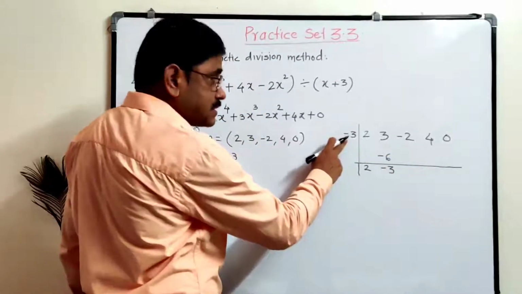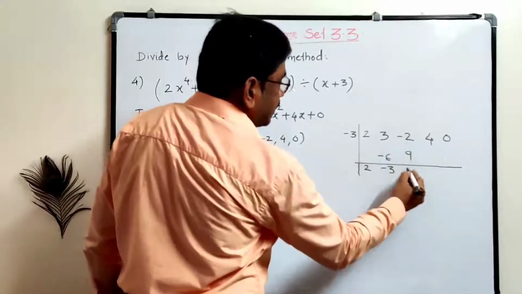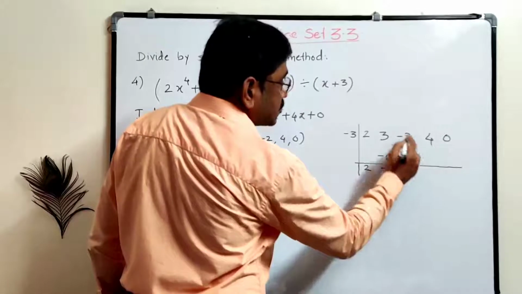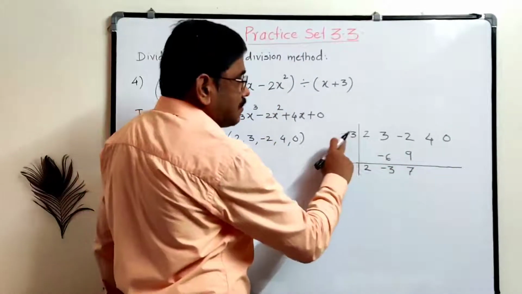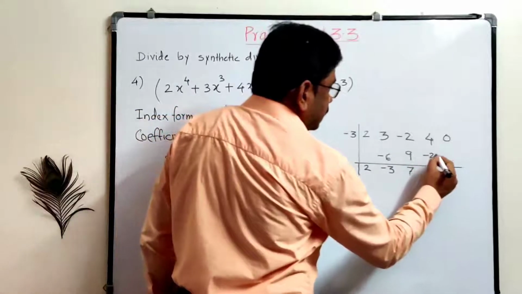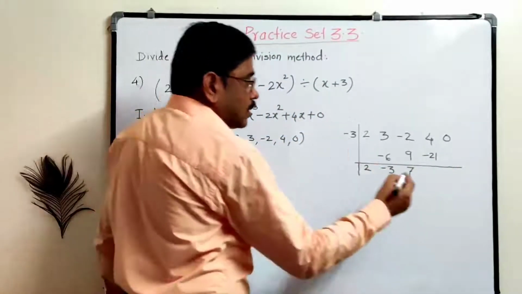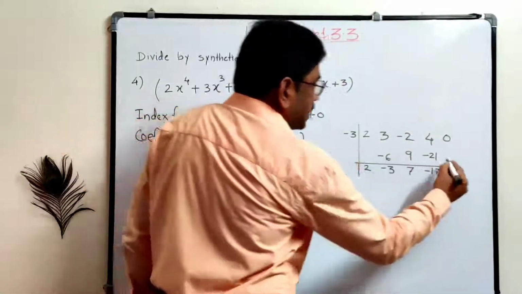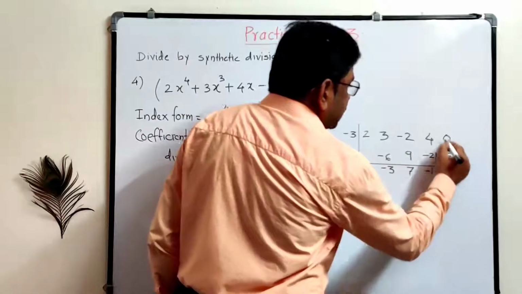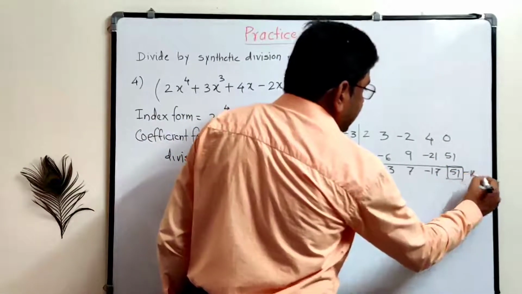Minus minus becomes plus. 3 threes are 9. 9 minus 2, sorry, is 7. Now 7 threes with the minus sign again, 21. Minus 21 plus 4 we get minus 17, and 17 threes, plus comes back, 51. So 51 plus 0 is 51. So here this is the remainder.